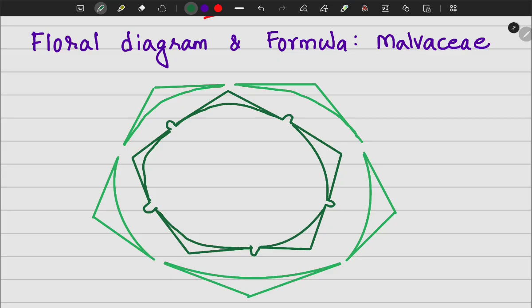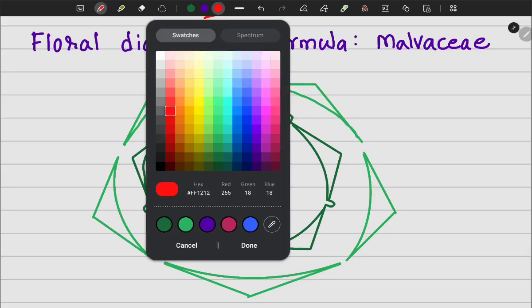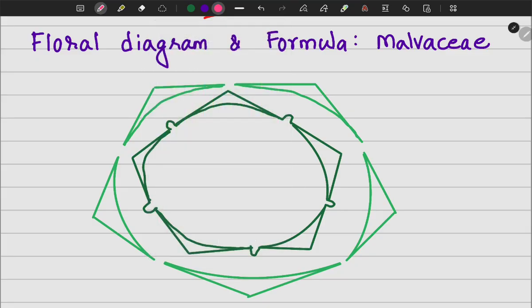Now we will draw the petals. The petals are also 5 and they are polypetalous. So the petals are free, 5 in number, and they show twisted estivation. So we will have to draw it according to the twisted estivation. So in twisted estivation, they overlap, the petals overlap each other in a particular direction, right?